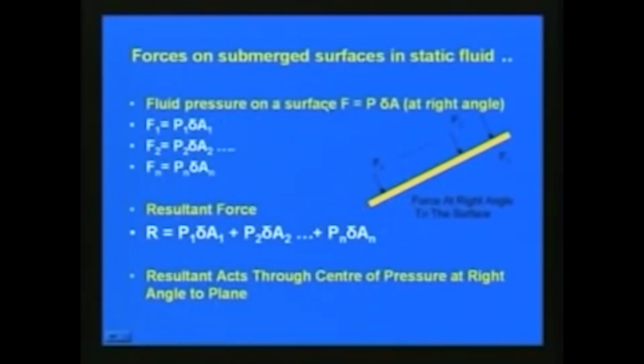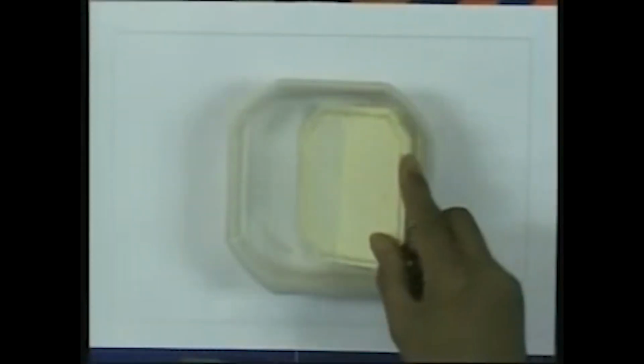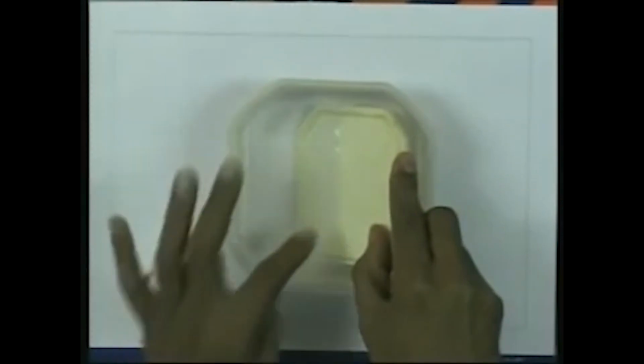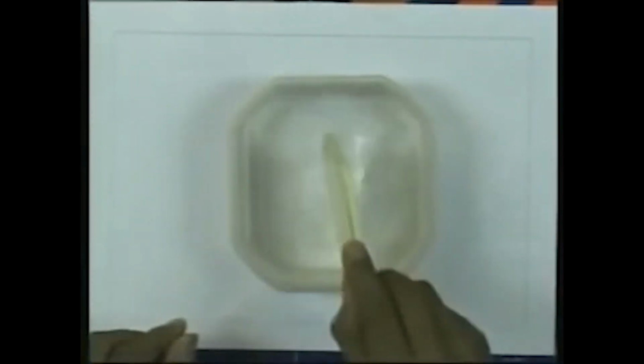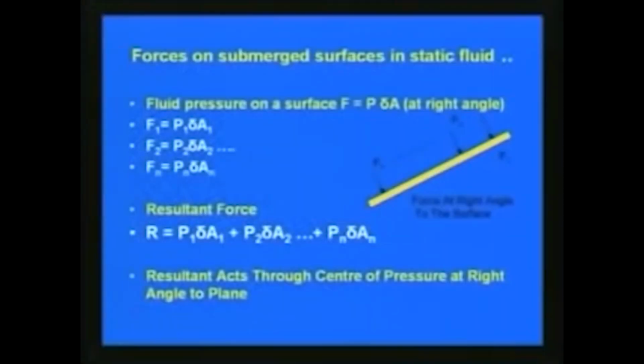The fluid force on a surface is obtained as F is equal to P into delta A. If you consider here a small tank of water, and a small inclined plane like this, then the forces at various locations, F1, F2 like that: F1 is equal to P1 into delta A1 and F2 is equal to P2 into delta A2. Like that, at various locations Fn is equal to Pn into delta An.